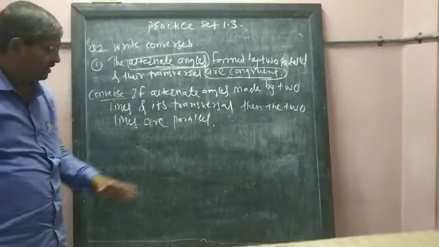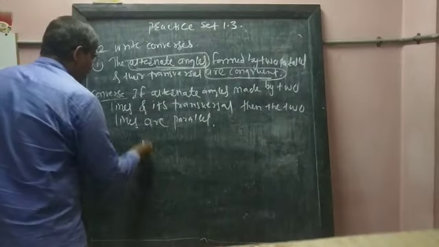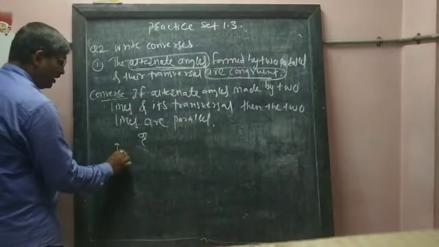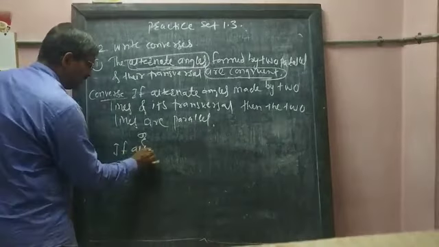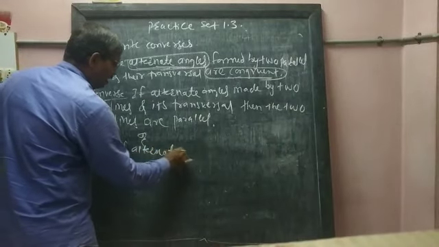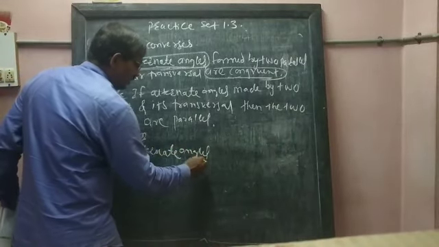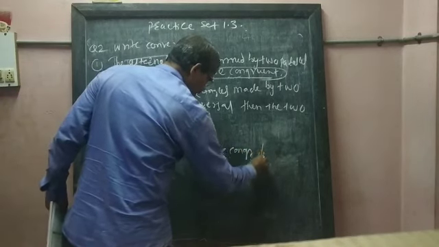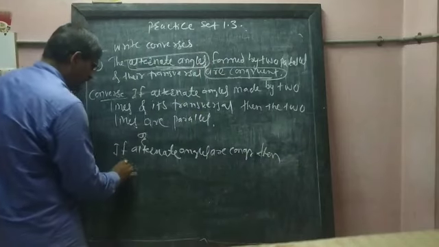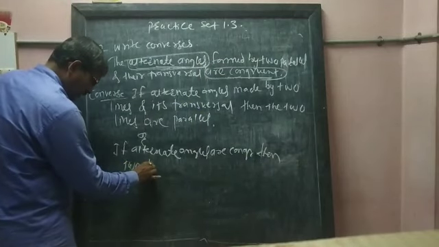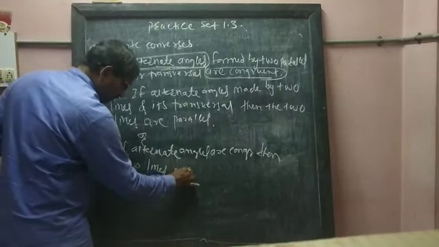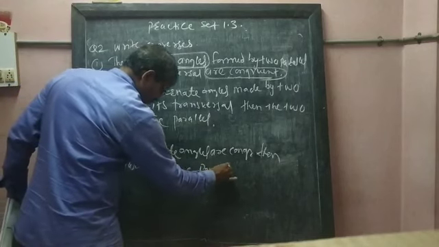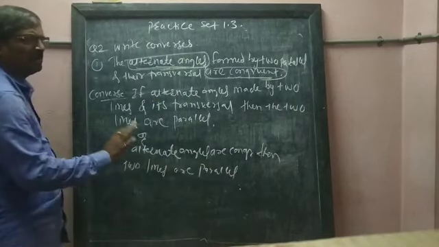In short, instead of all this, you may directly write: if alternate angles are congruent, then two lines are parallel. This statement is also correct.